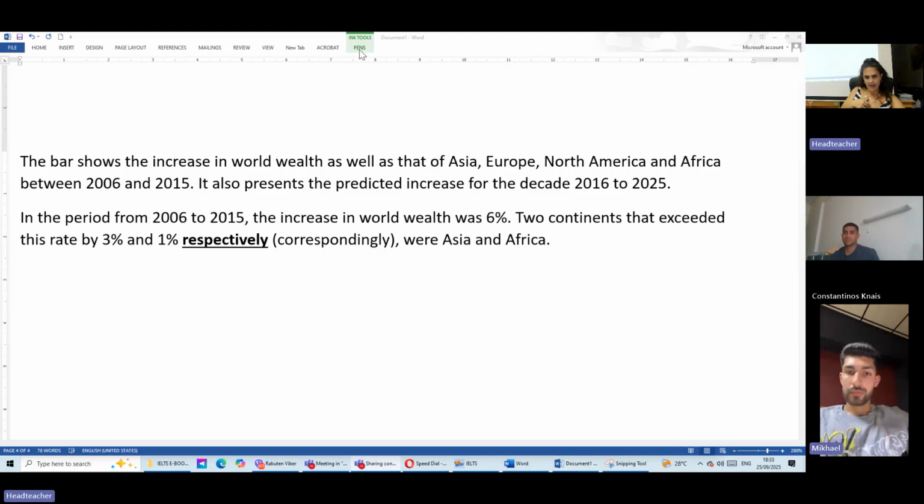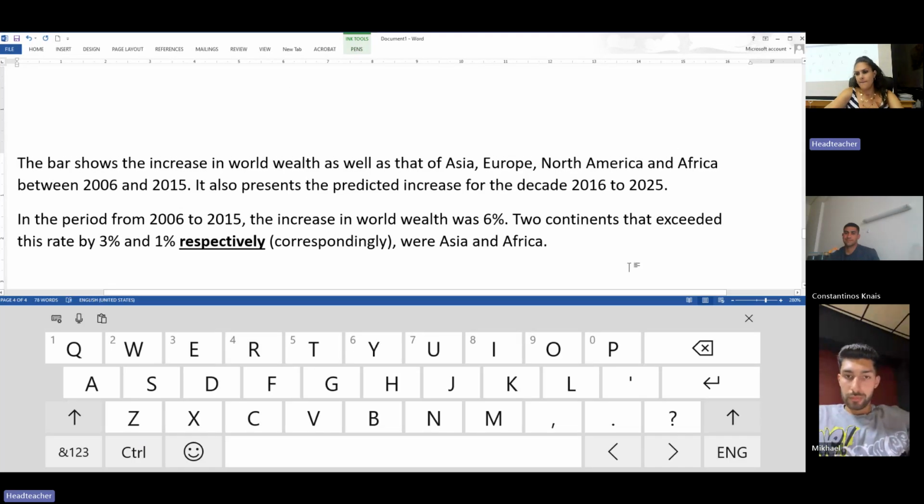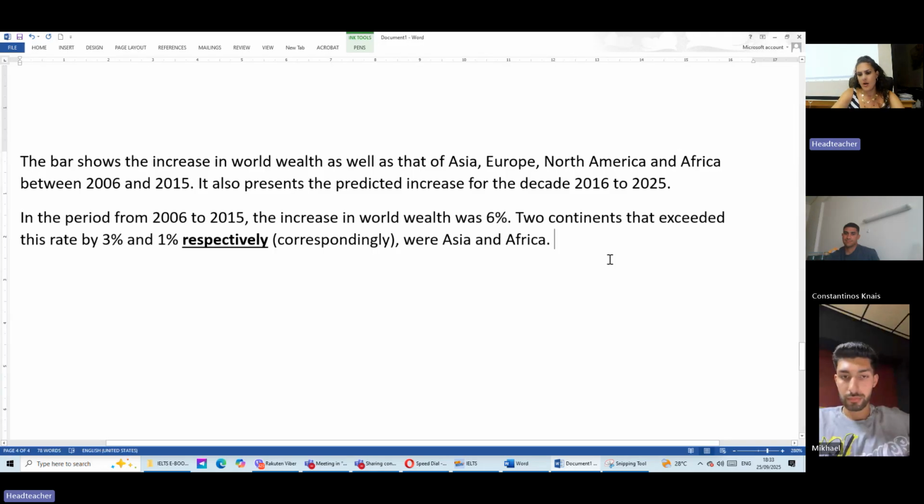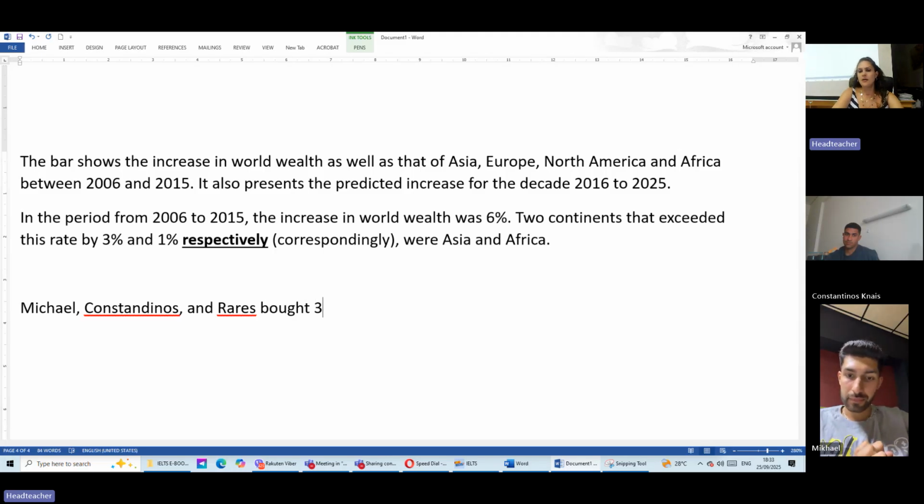When I say respectively, I'm going to write something down. Michael, comma, Konstantinos and Rares bought 3, 4, and 5 apples respectively.